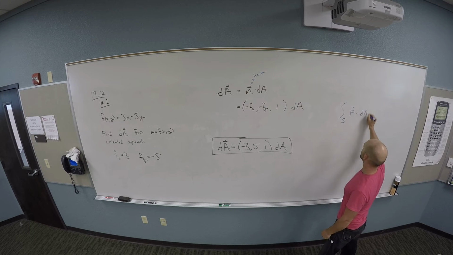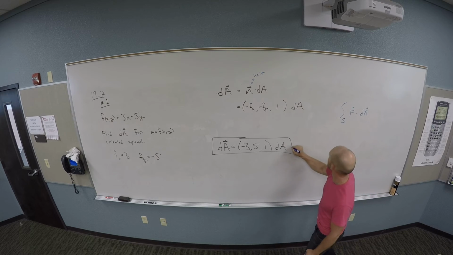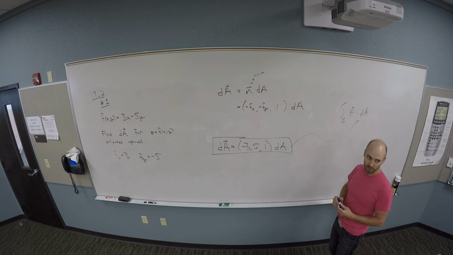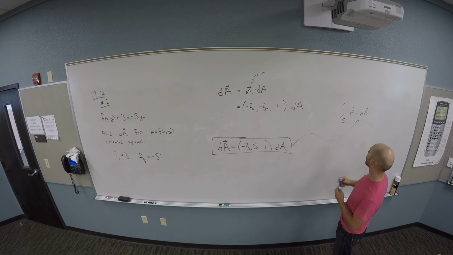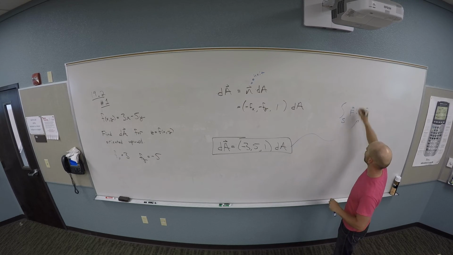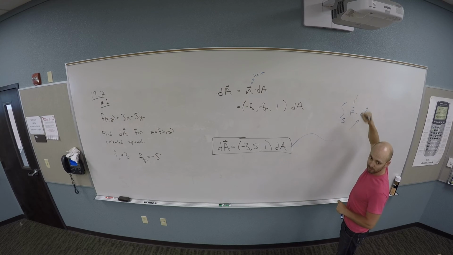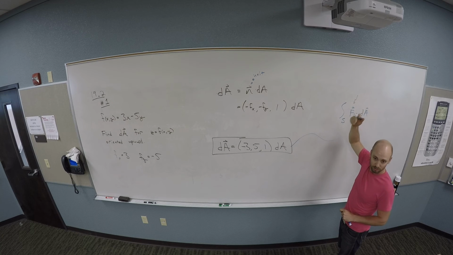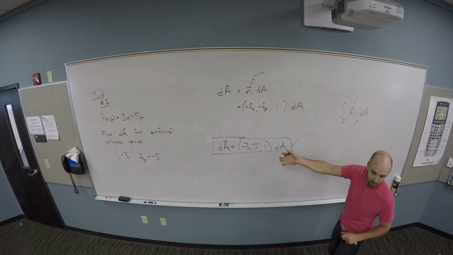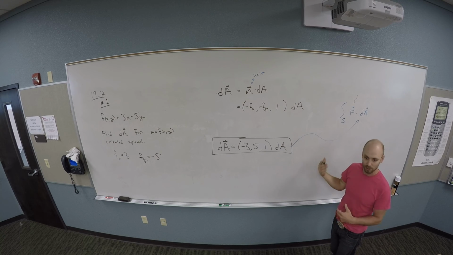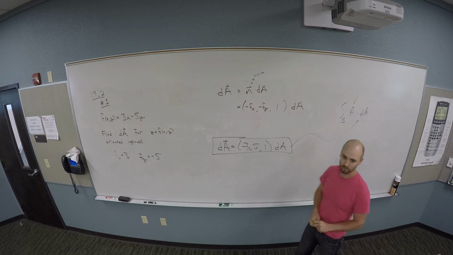Really, I'm going to do dot d area, right? And then I'm going to take this and jam it in for d area. See that? So at that point, I need a vector realization for what F is. And in that process, some of these bits might cancel, right? Because I might dot product them with 0, or they might stick around depending on what the components of F look like. Cool?